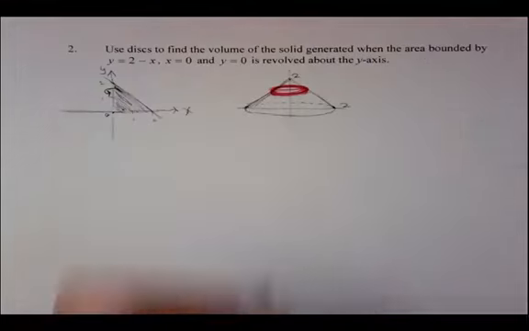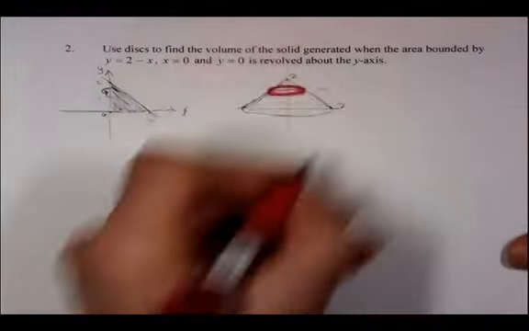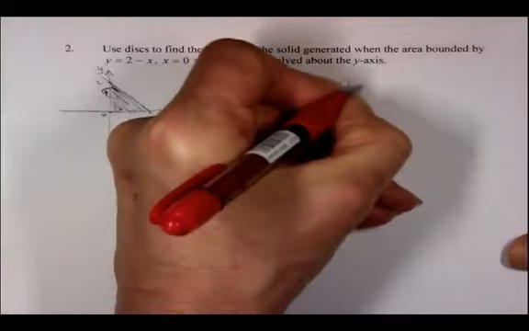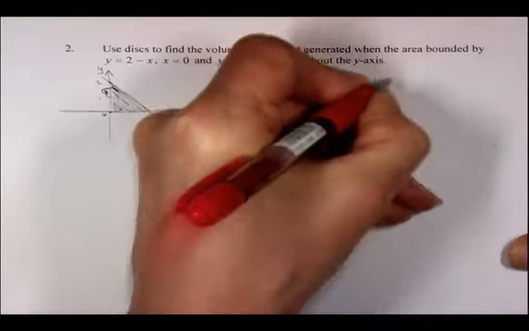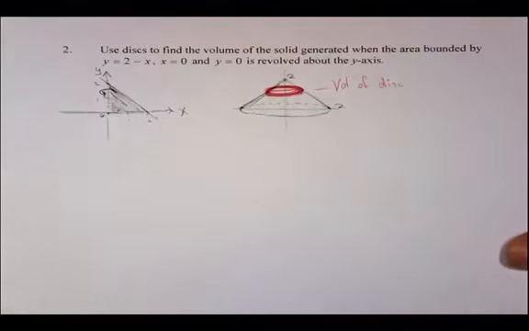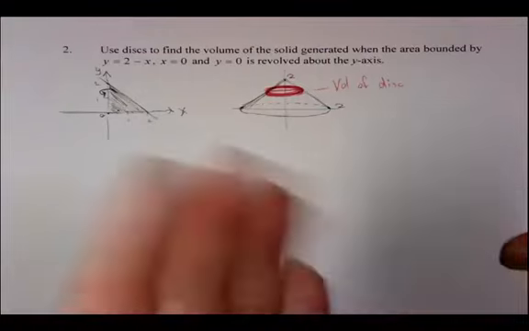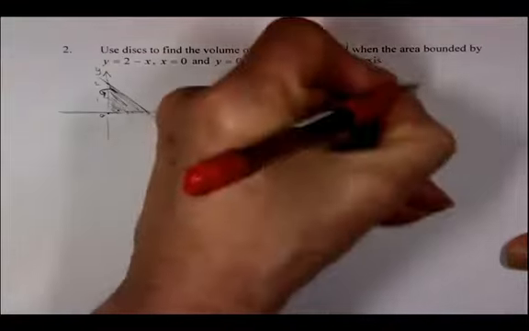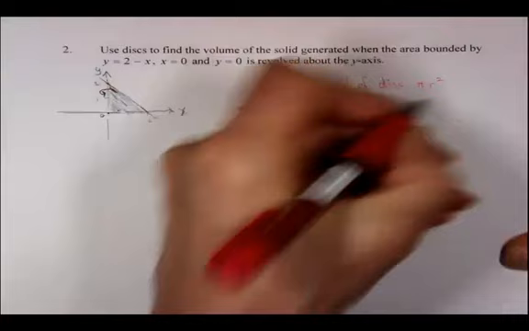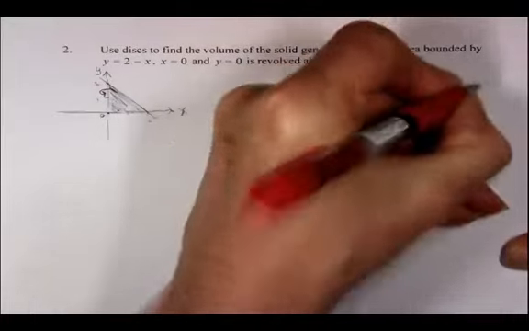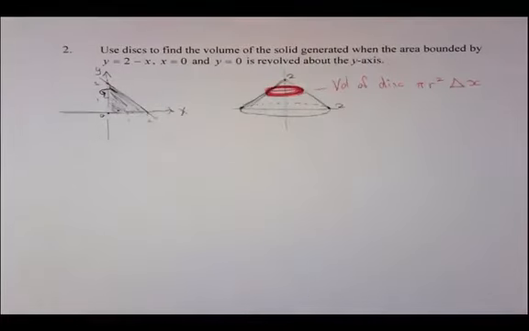So this little disc has volume pi r squared, because that's the surface area of the bottom, times the height, which is the change in x. And I'm going to add all those up.